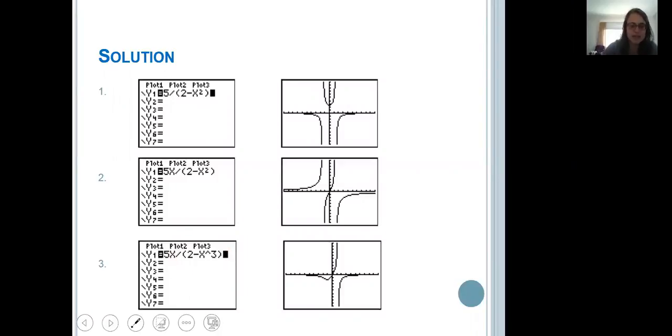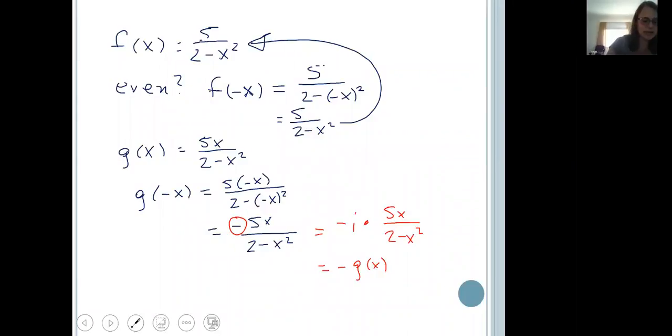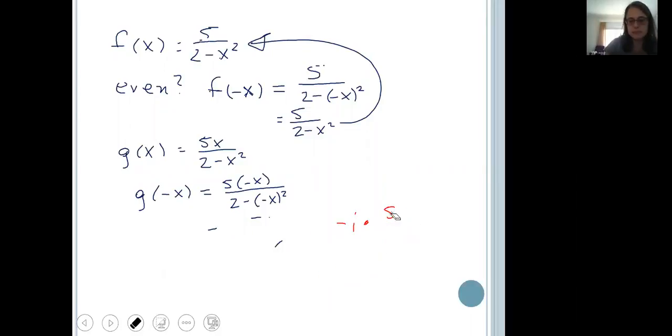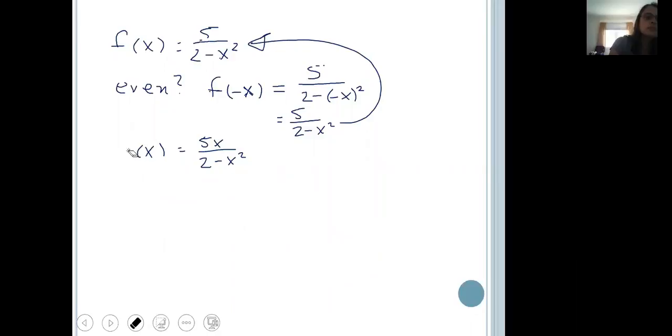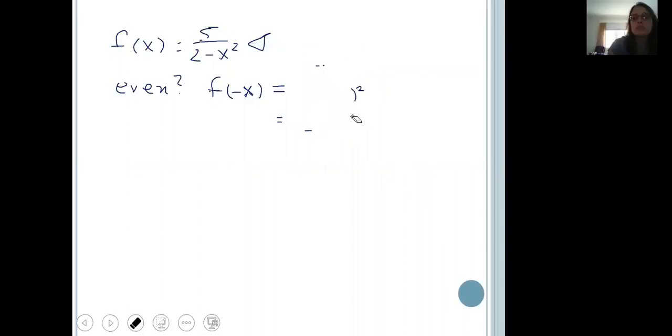If we do the algebraic check on that one, let me erase my work here. Almost got it. All right, work is all erased.